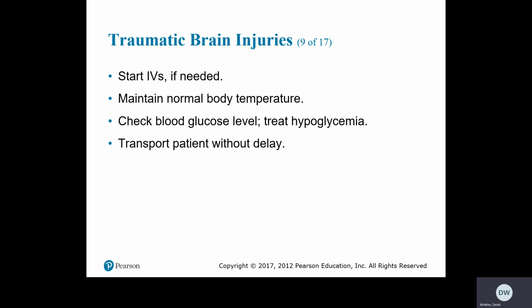They can lose their own ability to regulate their body temperature. So we need to make sure that we control that for them with blankets, with warm fluids, with whatever it is that we need to do to help maintain that. Checking that temperature on your reevaluations is a good thing.